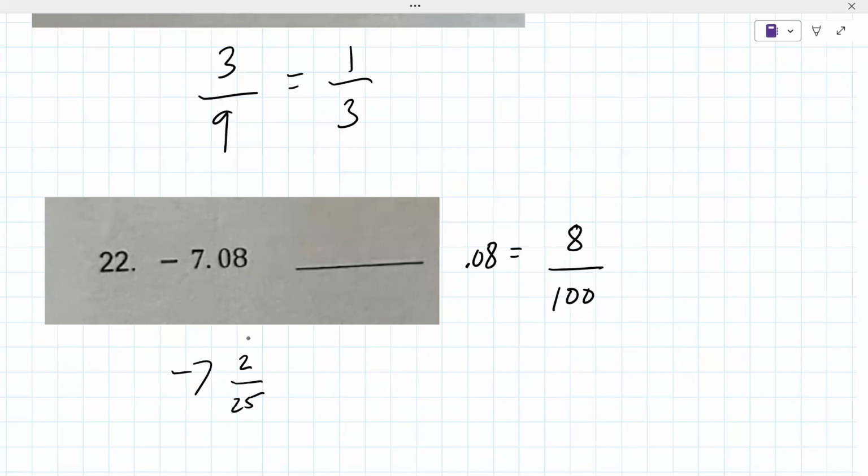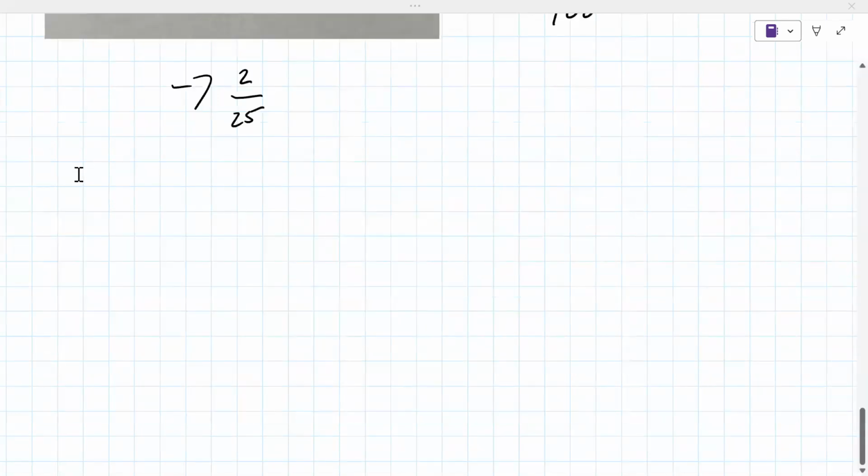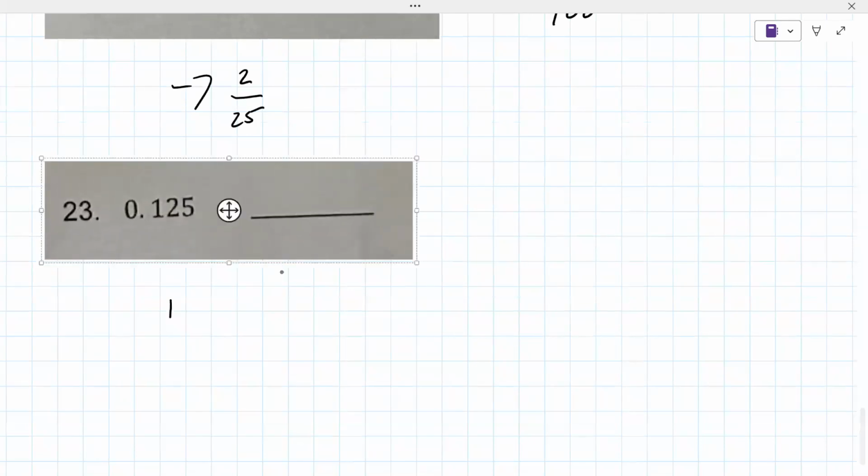This one, 1, 2, 5 over 100? So what would that be? You're up to 23 now? Okay, because there's 3 decimal places, it's over 1,000. So it's 125 over 1,000.